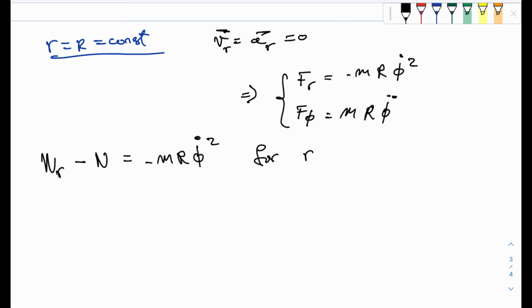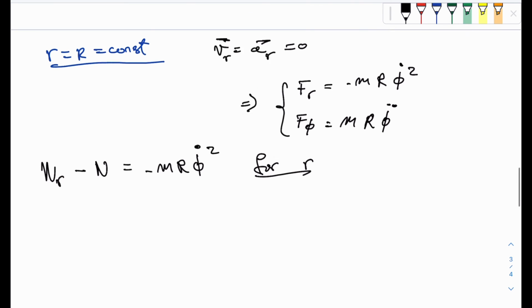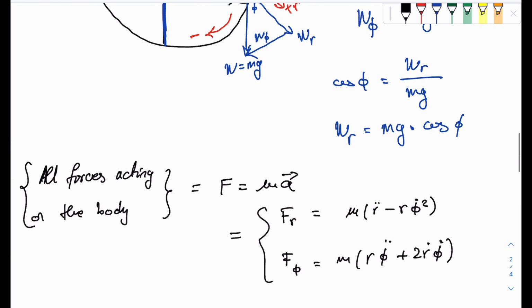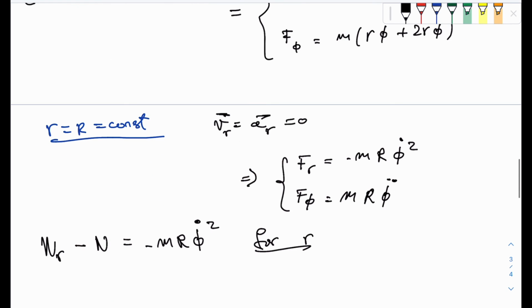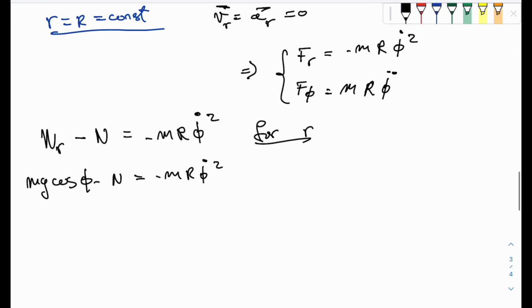This is for r. So here we have W r, which is mg cosine phi, minus N equals minus m R phi dot squared.